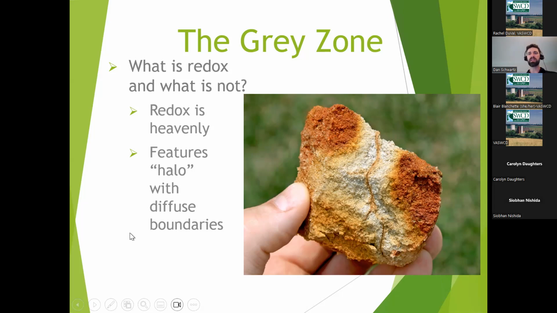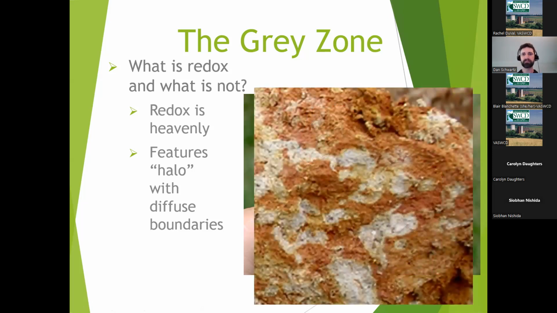If you don't see those diffuse boundaries, if it just goes from gray directly to red, then you might be looking at a relict feature or a lithochromic feature, something that is not indicative of wetness. So there's your relict lithochromic type feature. Sharp boundaries, no halo.